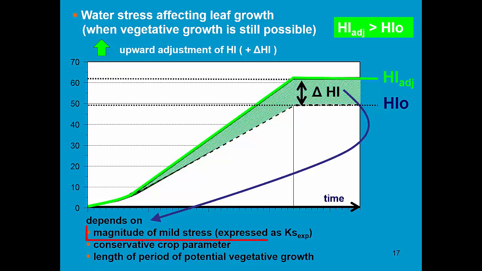That depends first of all on the magnitude of the stress. Secondly, on the crop type. It is a conservative crop parameter. And of course on the length of the period of potential vegetative growth, which is somewhat limited for the determinate crop, but can extend till senescence for the indeterminate crops.